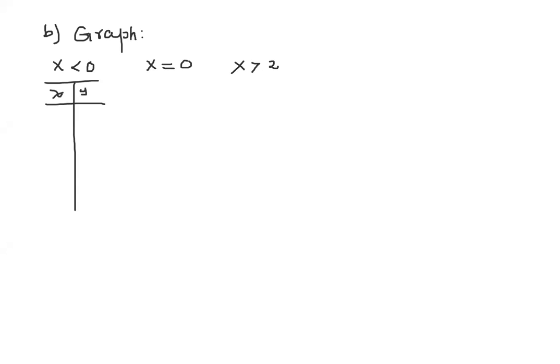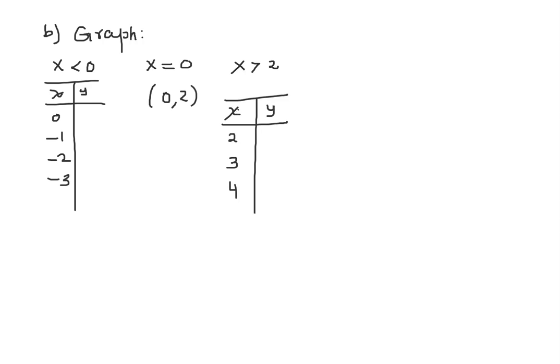So you can say 0, -1, -2, -3. For 2, 0, and 2. And for greater than 2, we can make a table here: 2, 3, and 4.